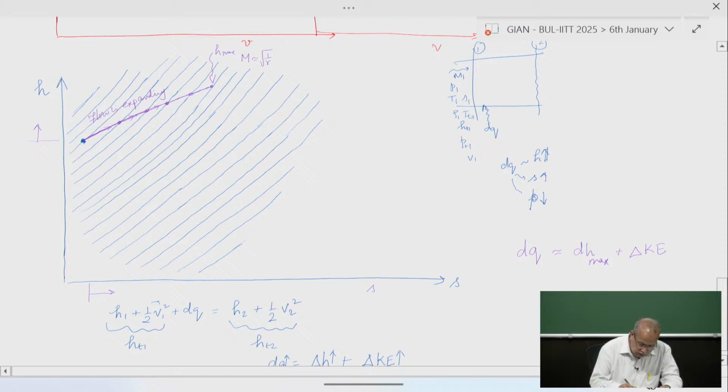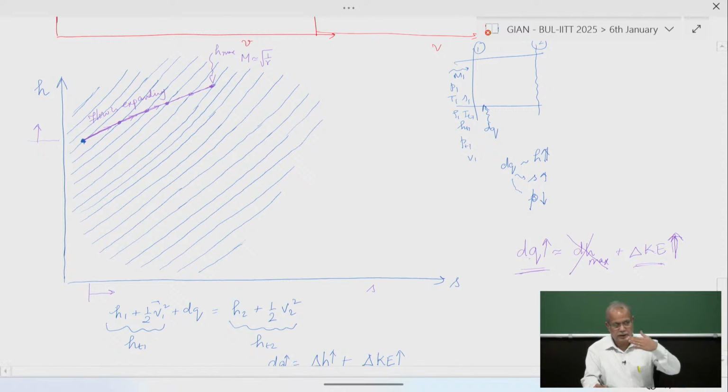Once you have reached this maximum, the addition of heat will not change the enthalpy, but will cause the kinetic energy of the flow to increase at the same rate at which heat is added. Is that clear? Because it has reached the maximum, any further addition of heat will not cause the enthalpy to increase, but it will cause the flow to increase at the same rate at which heat addition is taking place.